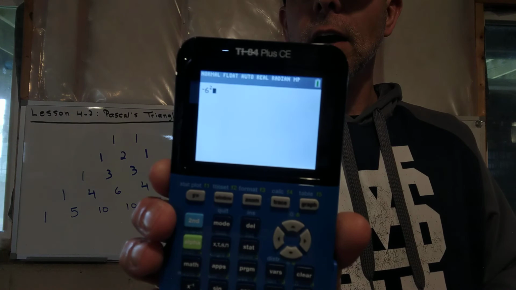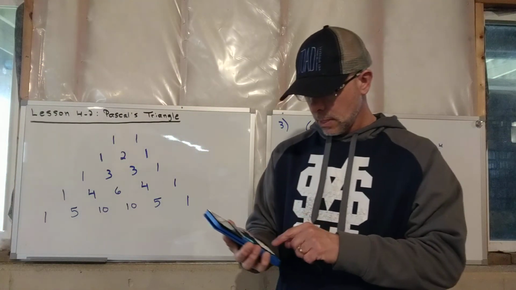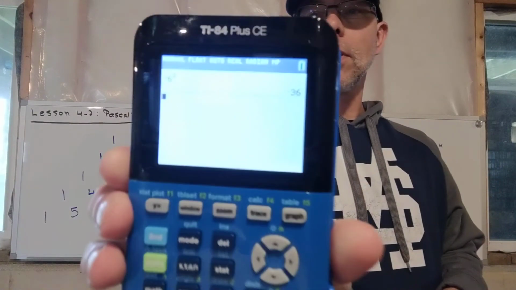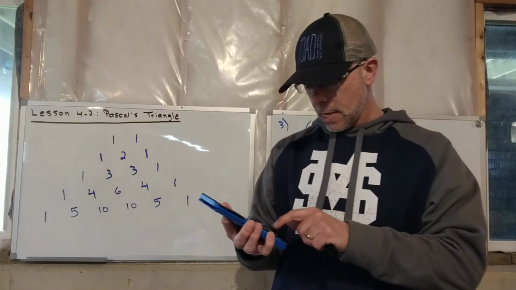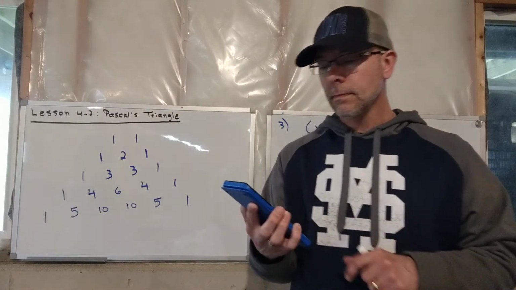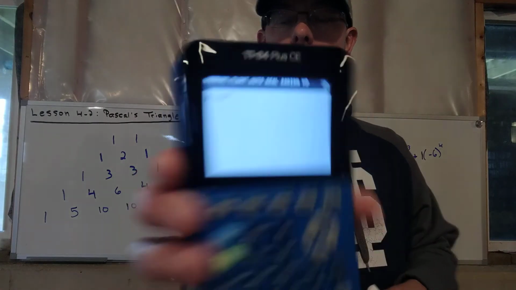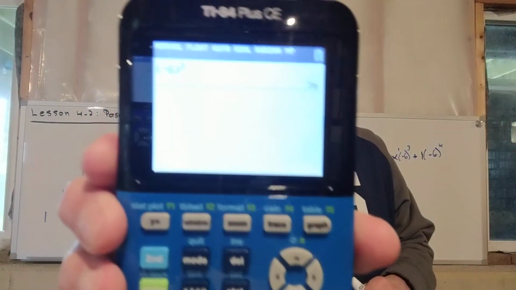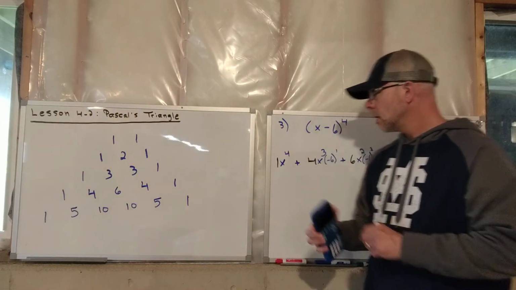I don't know if you can see it. There you go. You have to put parentheses around that, because otherwise it's going to come up negative 36 and you're going to think that that's correct. It should be like this. See the negative 6 in the parentheses? And then it comes up 36. And you have to be careful.